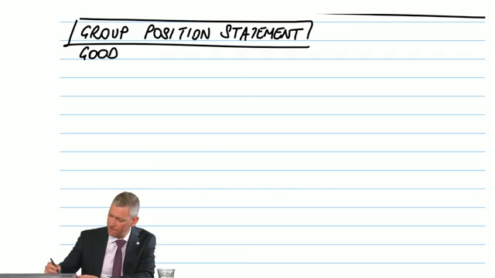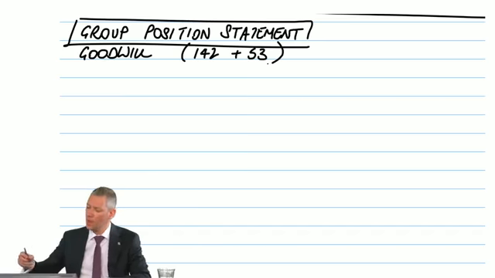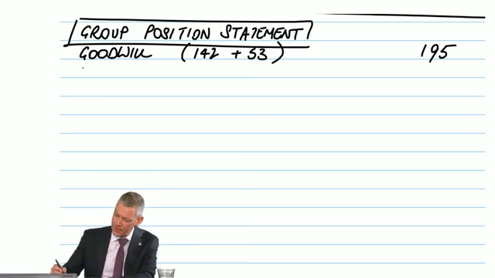Oops, made it look like 2 words. Goodwill of, why did I squeeze it in like that? I have no idea why I did that. So 142 plus 53 gives 195. And then net assets.